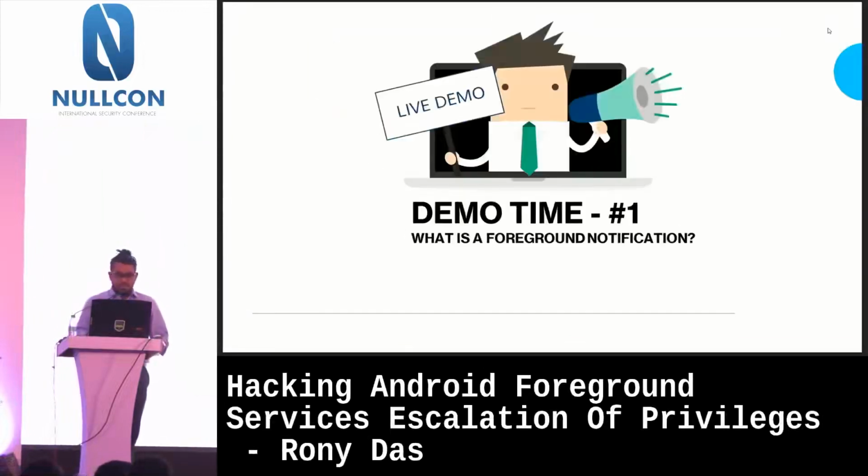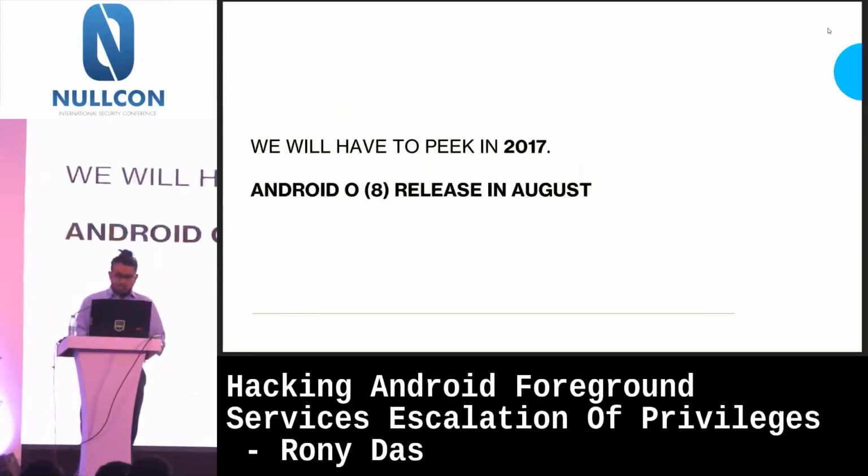So let's move to the next slide. Before we even start, we'll have to go back to 2017, when there was a release of Android O, basically Android 8 Oreo, which has some very interesting stuff that led to this bypass.